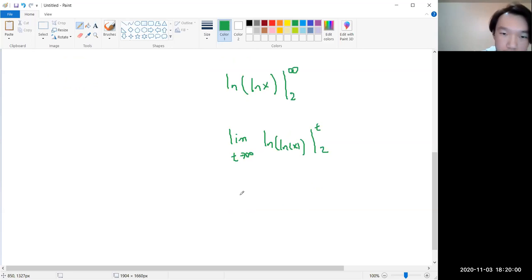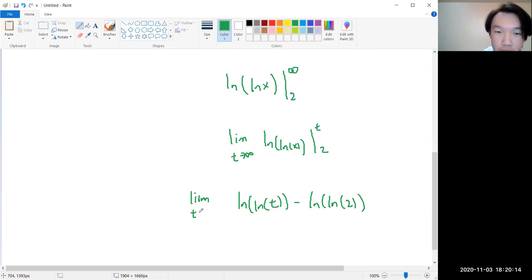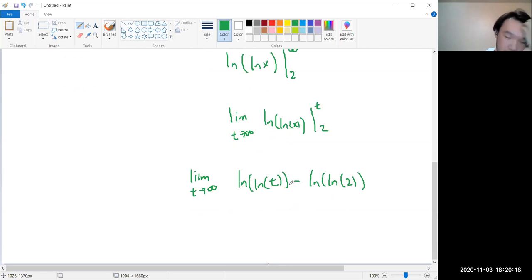So then we get ln of t minus ln of 2. And then we're going to evaluate this as t goes to infinity. And what would that be? Can you guys see?